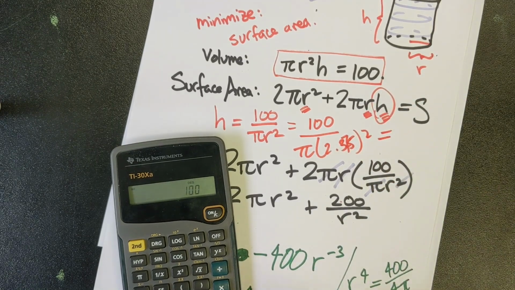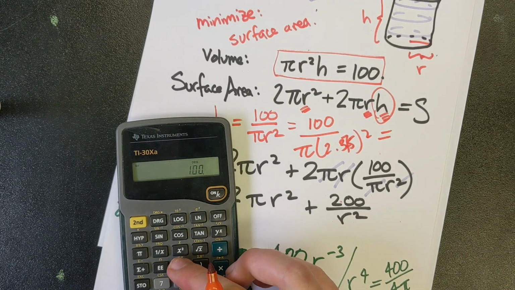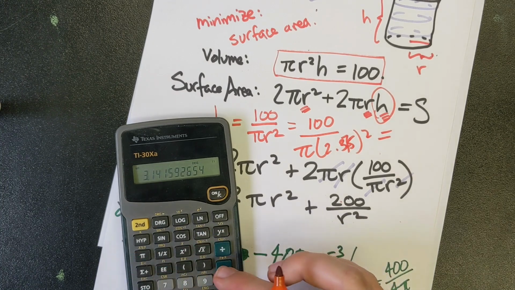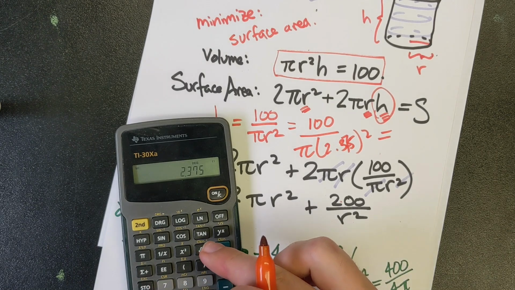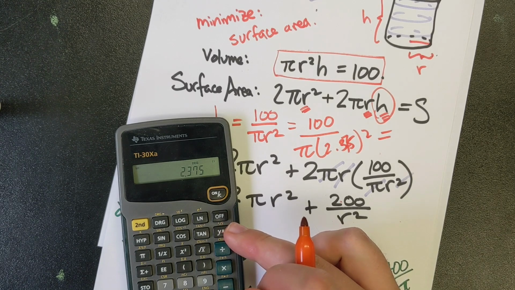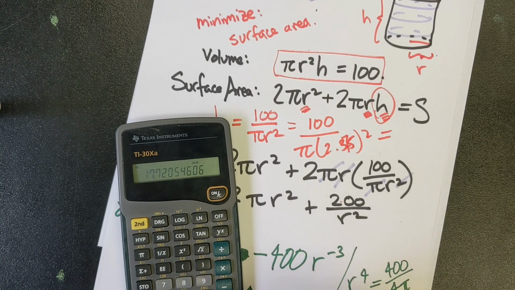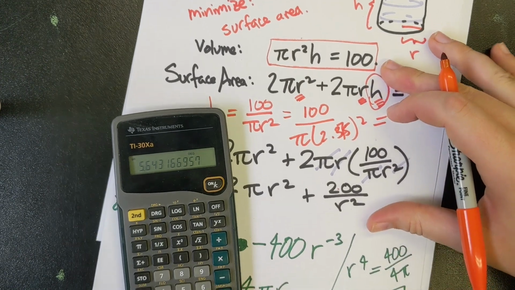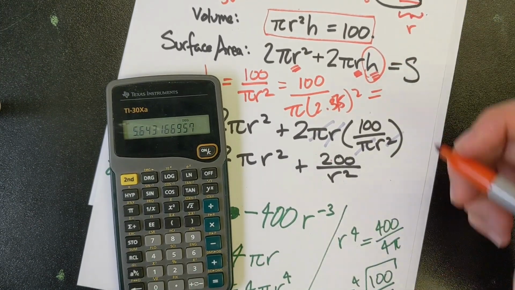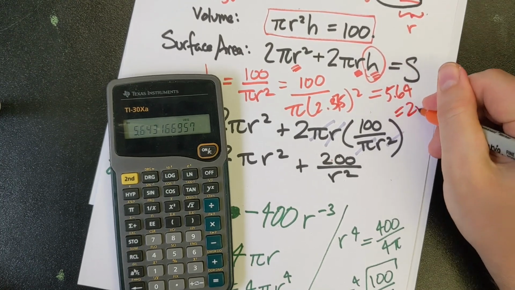So that's going to be 100 divided by, in parentheses, pi times 2.375 squared, and we get 5.64, which is actually twice the radius. So you just get a 5.64, which comes out to be 2 times the radius.